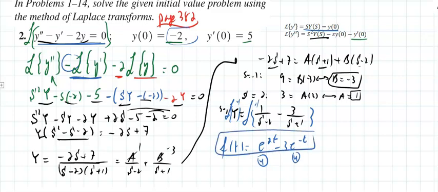And we are aware that I could have let y equal e to the rt, figure out the characteristic equation, r equal 2, r equal negative 1. The solution is y equals c1 e to the 2t plus c2 e to the negative t, like we did back in chapter 3, I believe. And then plugging in the initial values, we can get the solution.